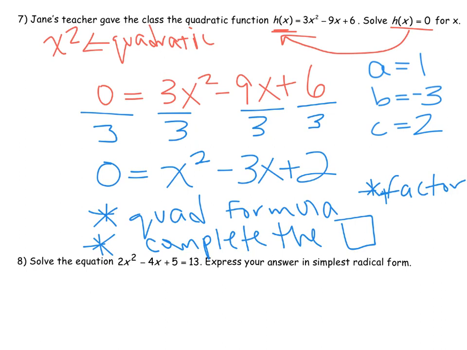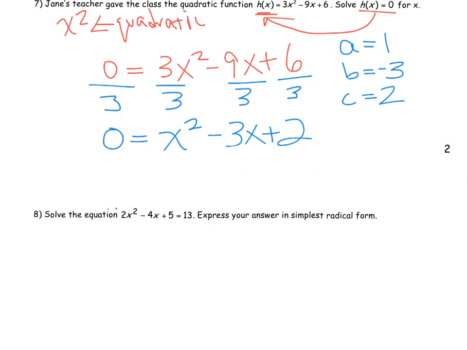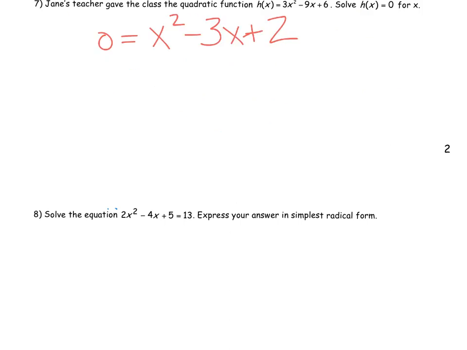All right, so let's actually do this by factoring. First, I want to clean this up a little bit. Let's use our master product. Let's multiply these. I've got x squared times 2, so I'll have 2x squared, and I've got to figure out what are the two numbers that are going to multiply to positive 2x squared, but add to negative 3x. So we have negative 2x and negative 1x. Negative 2 times negative 1 is positive 2. Negative 2 plus negative 1 is negative 3, so this works out nice.